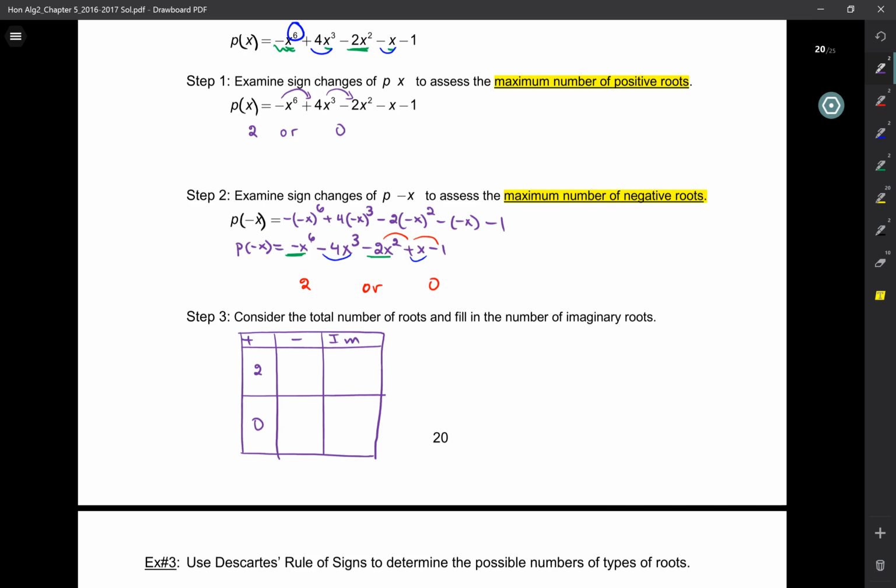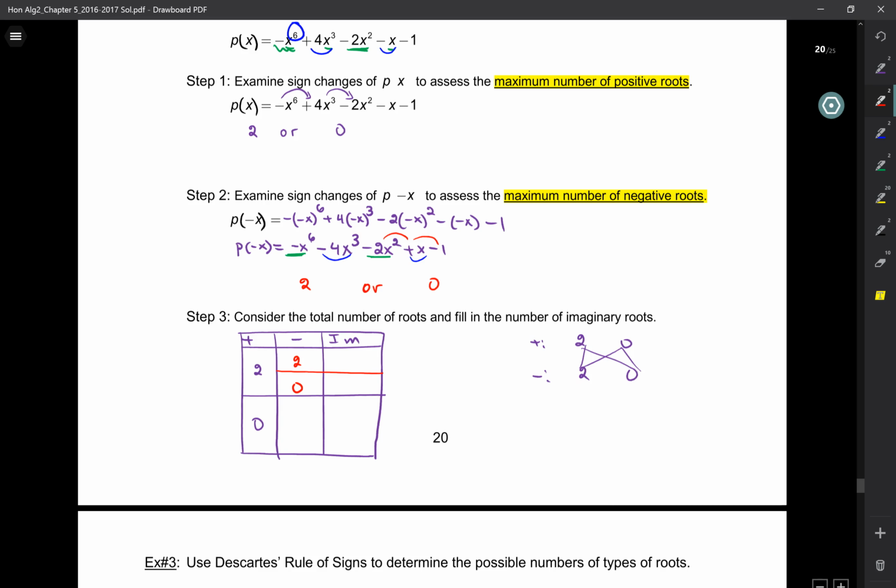Now, so basically, what I'm doing is this. So for the positive, it's either 2 or 0. For the negative, it's either 2 or 0. And now I need to take every possible combination, right? So if it's got 2 positive ones, it could either have 2 or 0 negative ones.